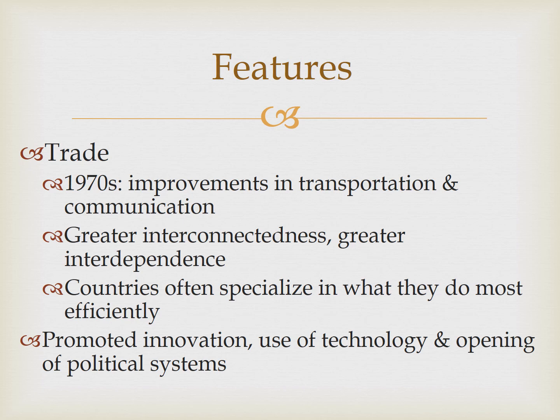And one of the major features of globalization is an acceleration of trade. That's part of what they meant when they said increasing interactions. We're talking about trade along with other interactions. Those same improvements that made the world functionally smaller made it easier for goods to get around the world.